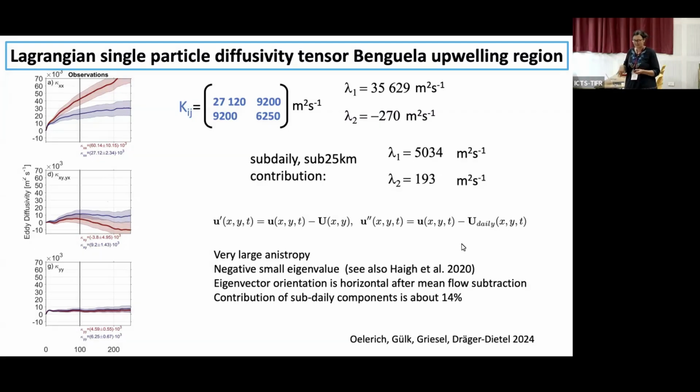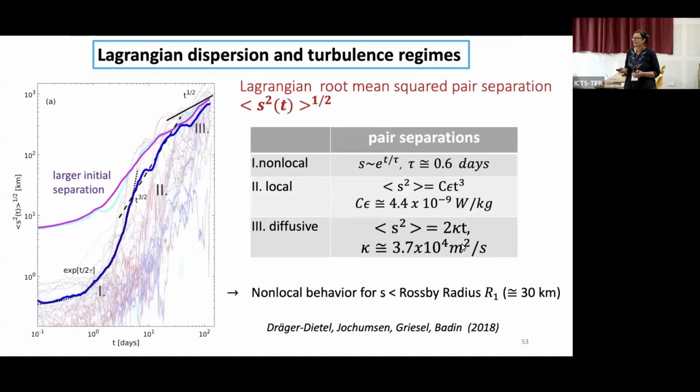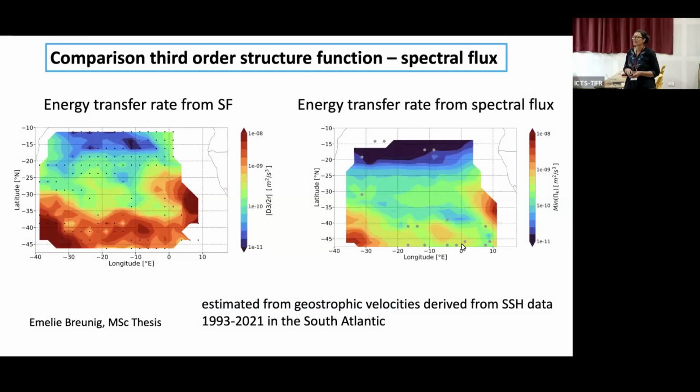Do you mind going back to the bit where you compare the spectral flux with the structure functions? That's your MSc student's thesis. So the third order structure function and the spectral flux should be similar.